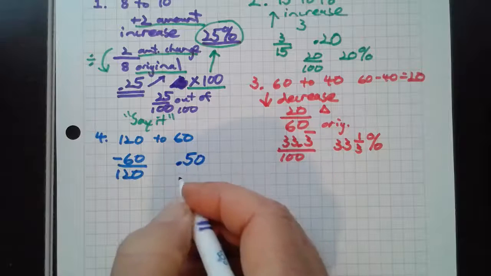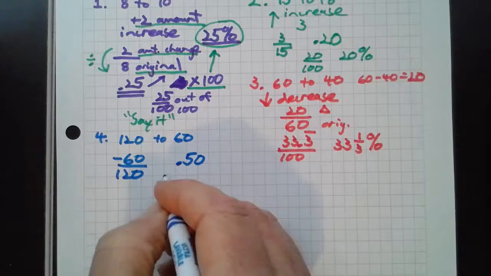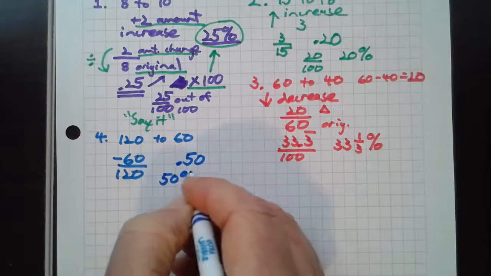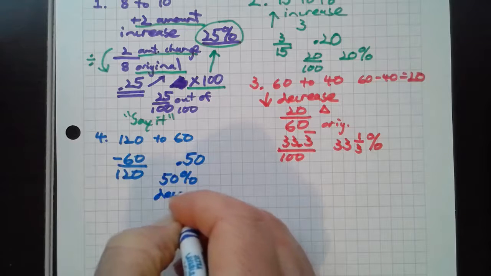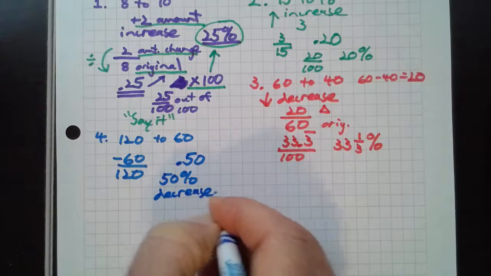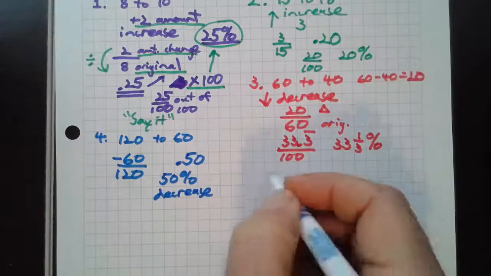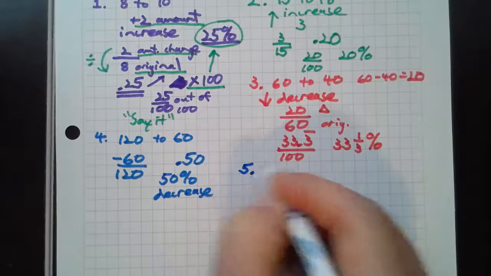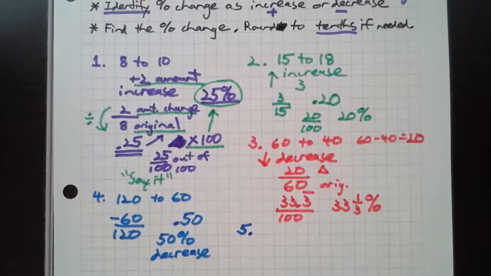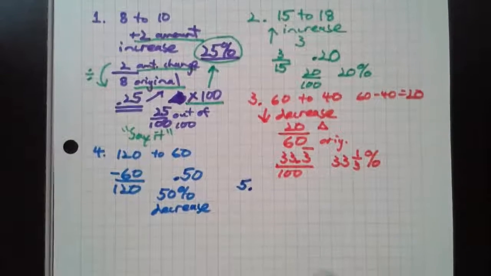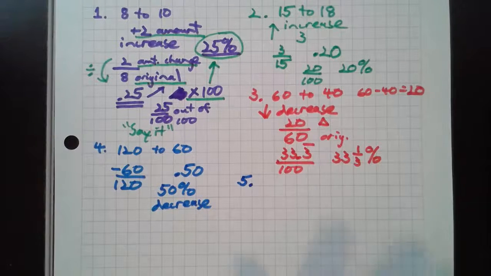We add the 0, we say 50/100ths, so it's 50%. Remember to say the word decrease though, since it went down. Okay, I'm going to stick with blue now that we're on a roll. You can always go back to the instruction here to remember the algorithm, or you could just look above in your book on page 56.